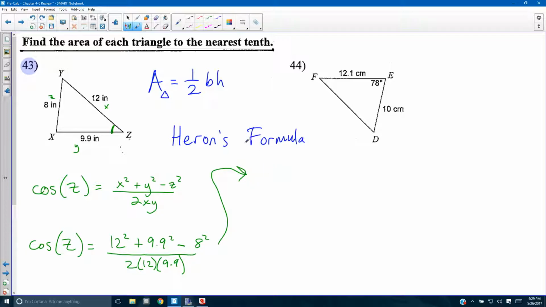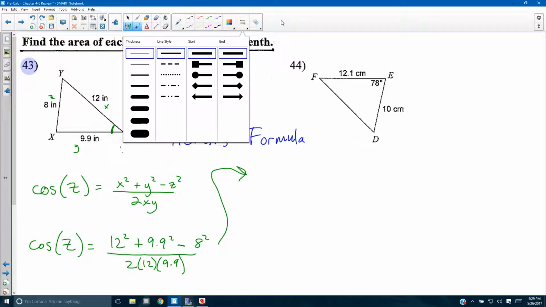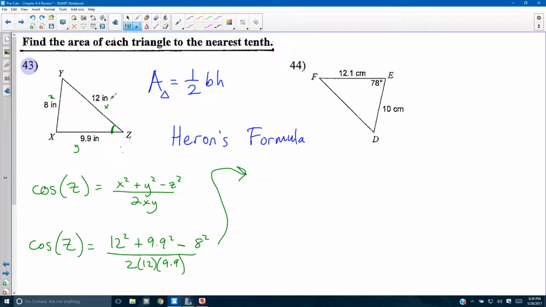What I'm doing here is getting an angle measure so I can do what I did last time. I'll use 9.9 as my base, and I'll use my height as this altitude right here. So my end goal is to get an angle measure here that I can take the sine of, say, to get h over 12, in this right triangle here.